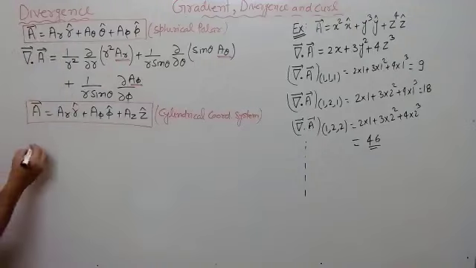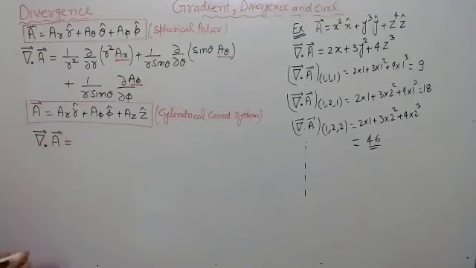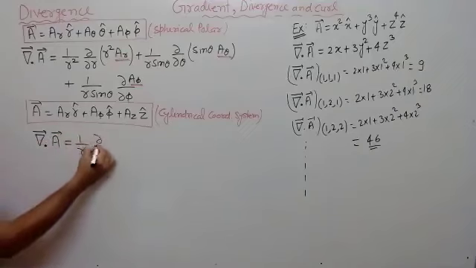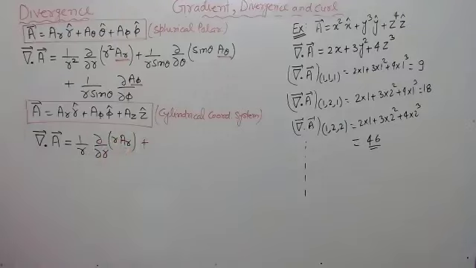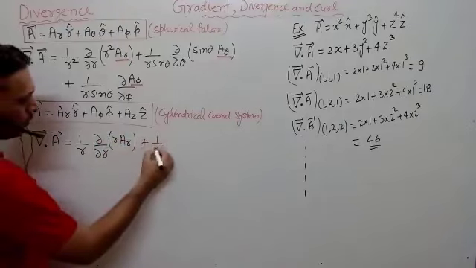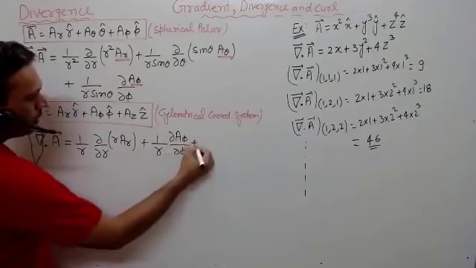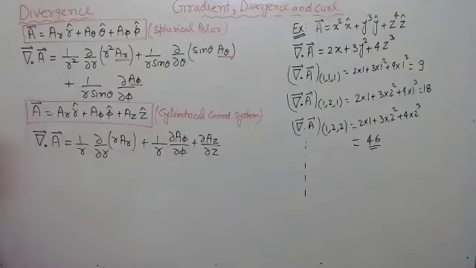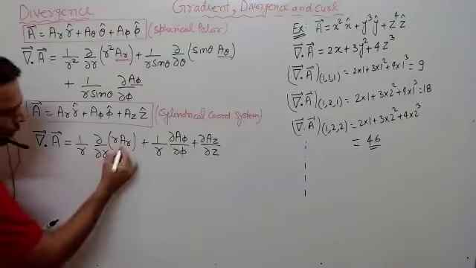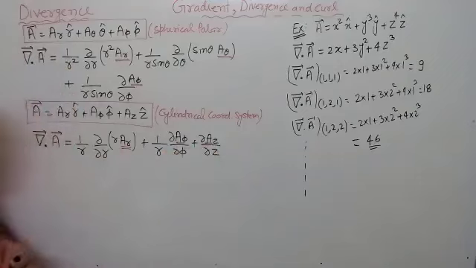So we can write divergence of A is 1 by r del r into A r, plus 1 by r del A phi by del phi, plus del A z by del z. Again in this formula you have to only substitute for A r, A phi and A z.